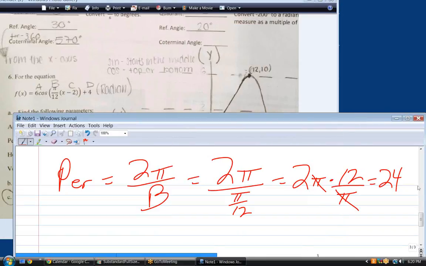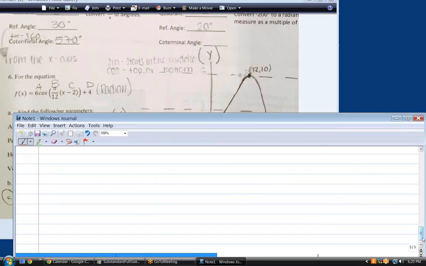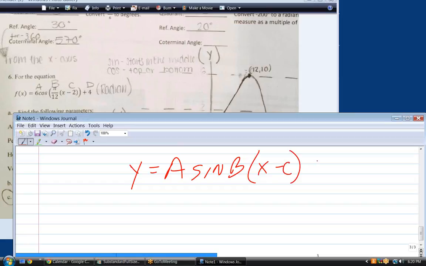In other words, the standard form is y equals a sine of b x minus c plus d. And if c is positive, it's to the right. Well, in this case, c is positive. Okay. Positive 2.